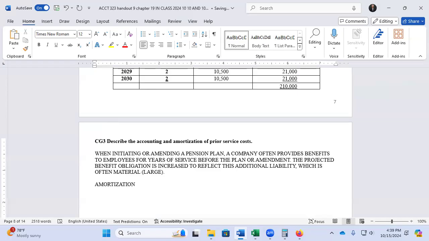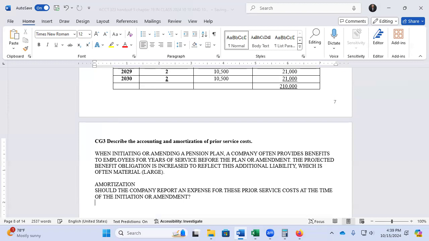Amortization. Should the company report an expense for these prior service costs at the time of the initiation or amendment? And the FASB says, nope. I believe so.